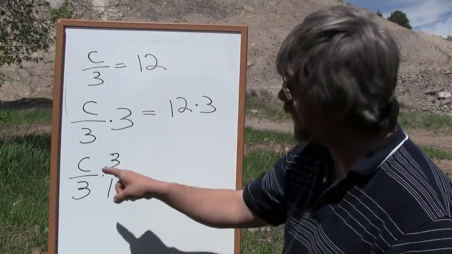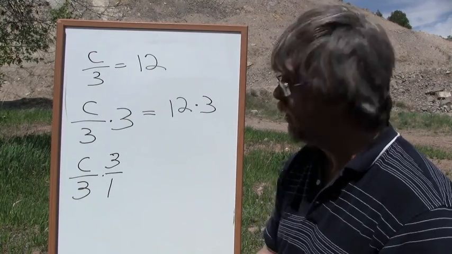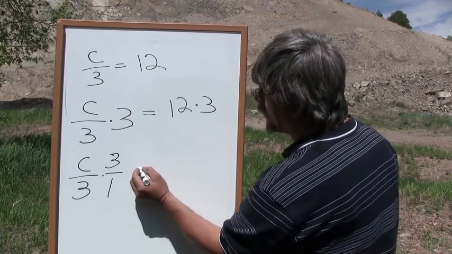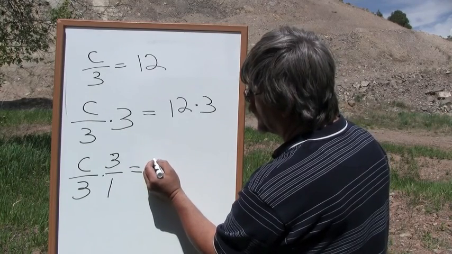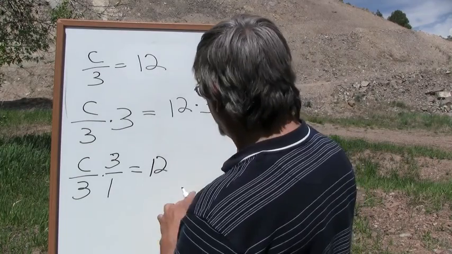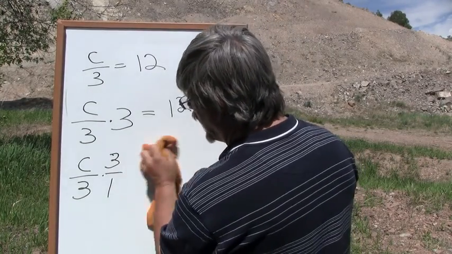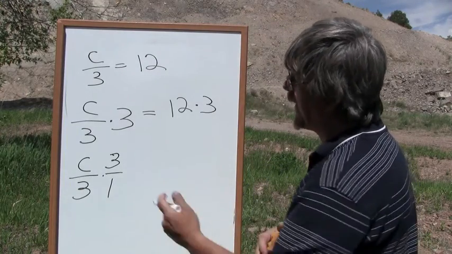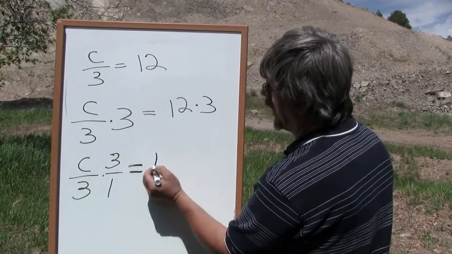Don't let the fraction-looking part fool you. That's just 3, right? Equals... that's all I want you to see. I'm multiplying by 3, so I have to multiply 12 times 3 here.